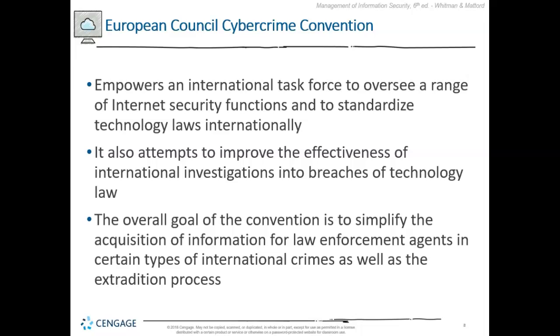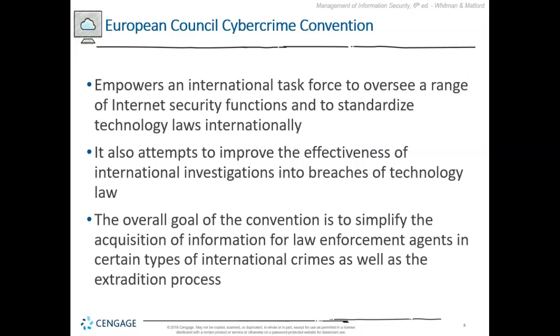So the European Council of Cybercrime Convention empowers an international task force. Many of the European Union countries participate to oversee a range of internet security functions and to standardize technology laws internationally.